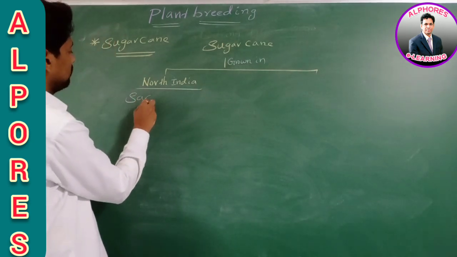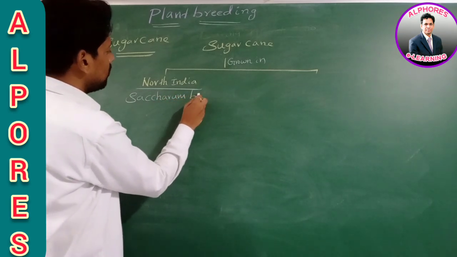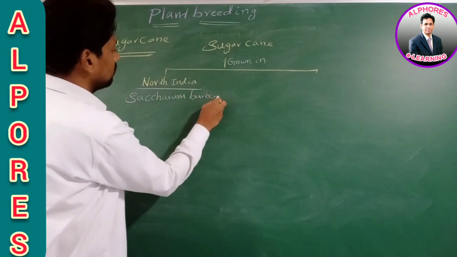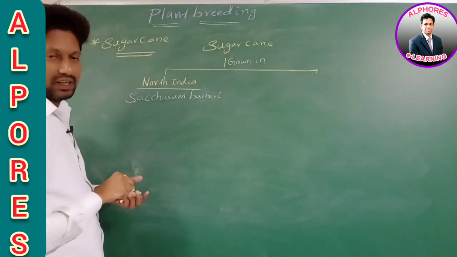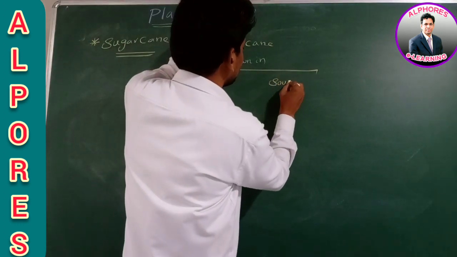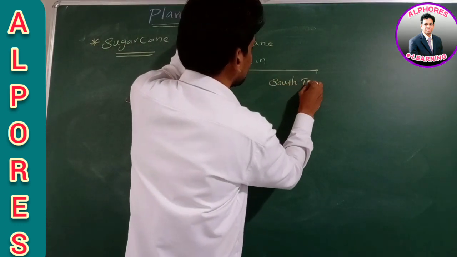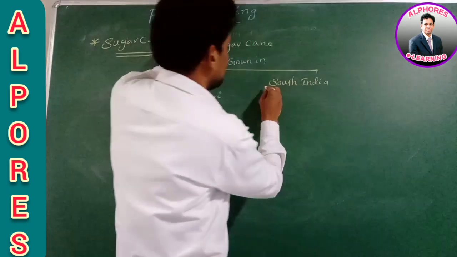Saccharum barberi. Sugarcane grown in South India. What is it? Saccharum.